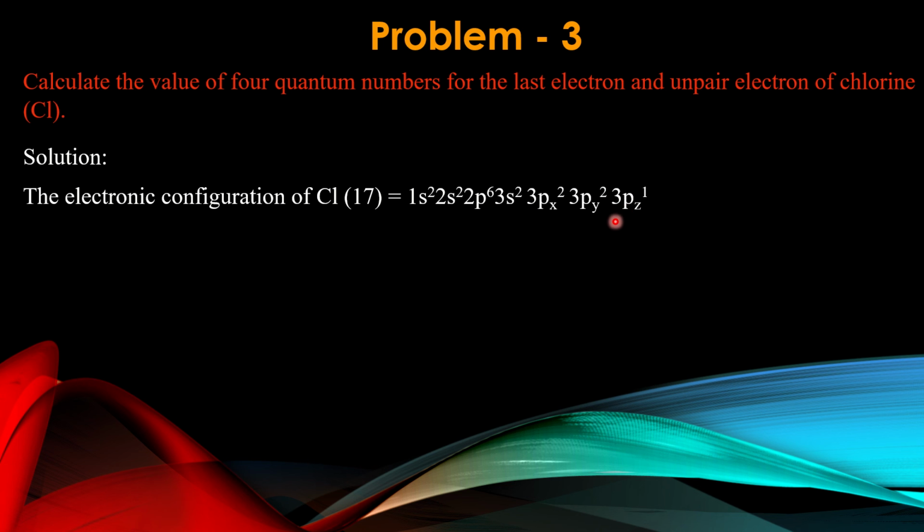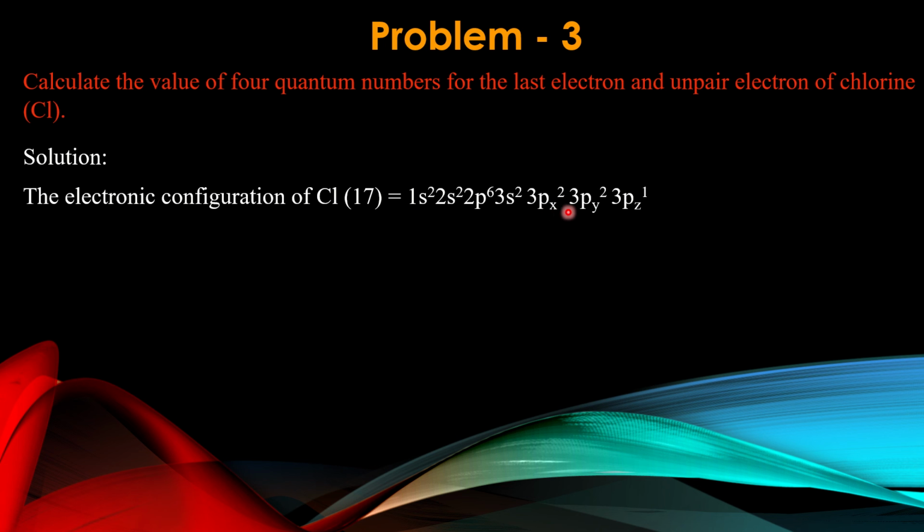Now which one is the last electron? What do you think? Is this the last electron? No, because when an electron goes into the 3p orbital, at first it goes to 3px, with 1 electron, because the electron at first goes in the clockwise direction and fulfills all the orbitals with 1 electron each, then the second electron goes to every orbital.